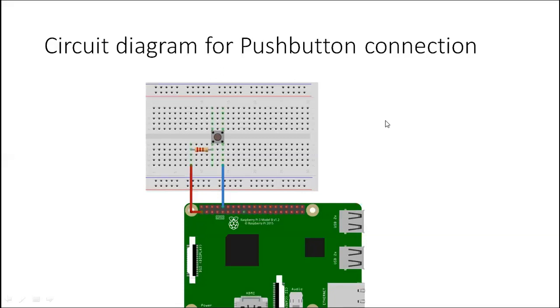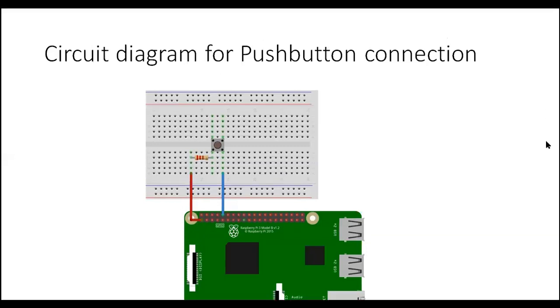So in real-time applications, whenever you need some input from the user, you can use this push button. If you take a push button, it has 4 pins. In the data sheet it is clearly given which is ground and which is the port pin.